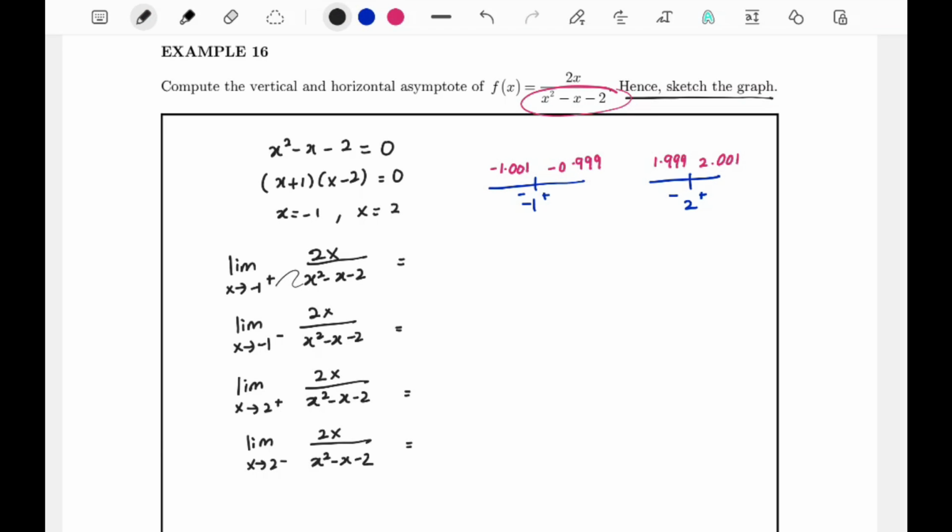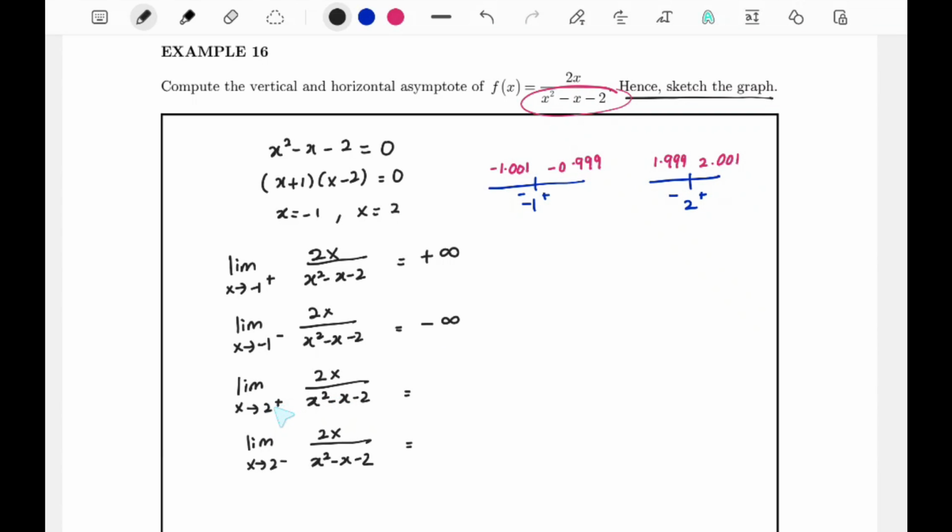When you substitute -1 from the right, which is -0.999, you're going to get positive infinity. When you substitute -1 from the left, which is -1.001, you're going to get negative infinity.